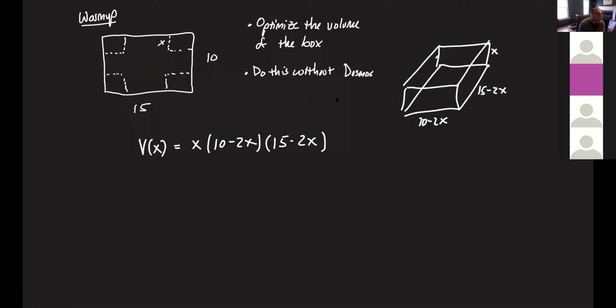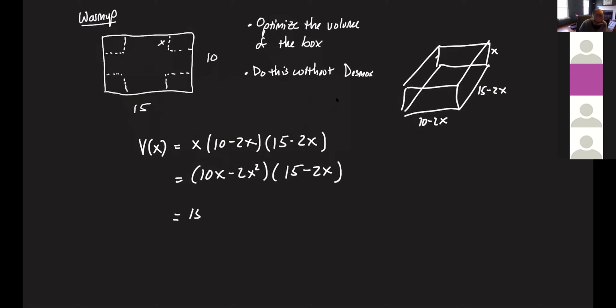All right, so to check our critical points, I'm going to have to take the derivative of this function right here. And if I'm going to take this derivative, what I want to do is expand this whole thing out. That's going to be my first step: I'm going to multiply it all out. Step one, I'll multiply this x in here, so I get 10x minus 2x squared. And now I'm going to have to expand this, so you can use an area model, you can FOIL.